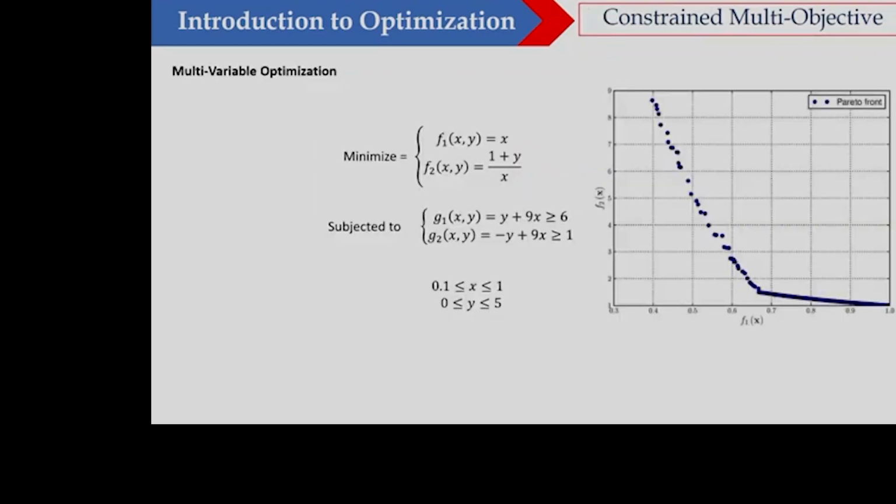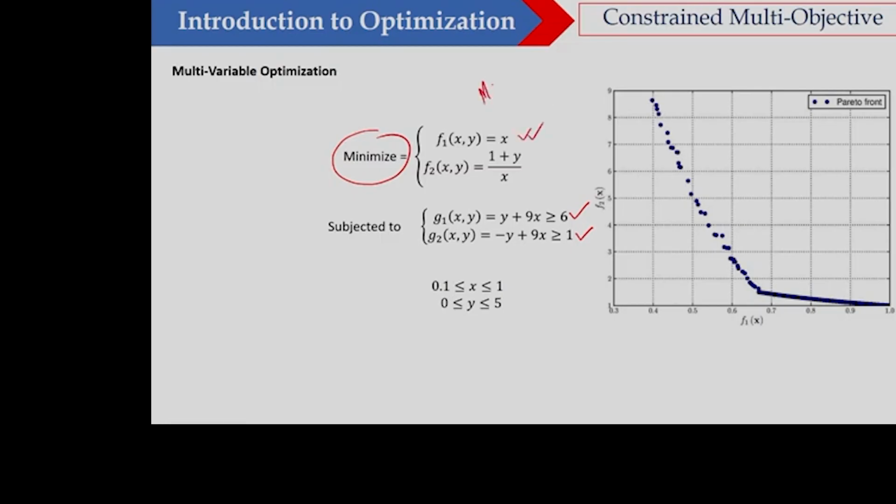The next problem is a multi-objective optimization problem with constraints. We have two constraints here. This is the first constraint and this is the second constraint. Here the objective functions are minimization type, so this is fine.